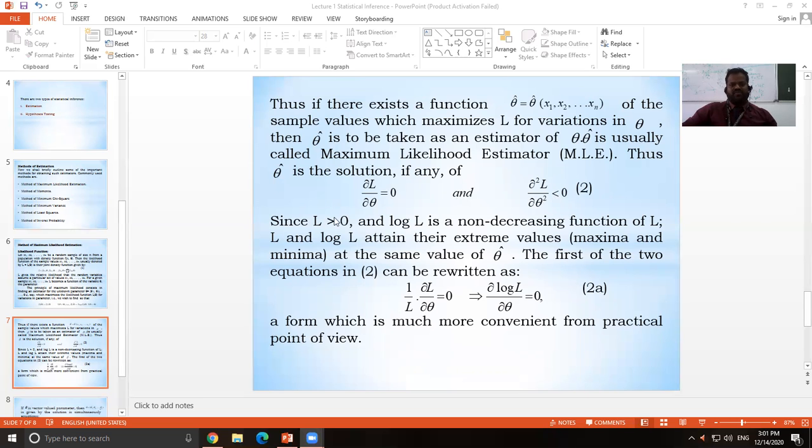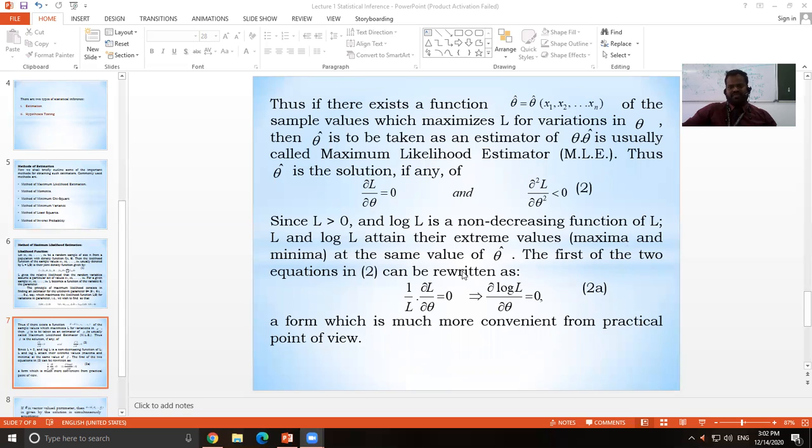Since the likelihood function is greater than 0 and log L is a non-decreasing function of the likelihood function L, L and log L attain their extreme values, the maxima and minima, at the same value of the vector of unknown parameter theta cap.